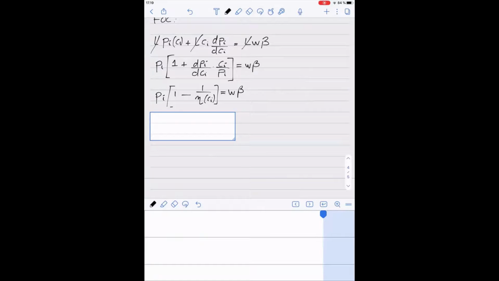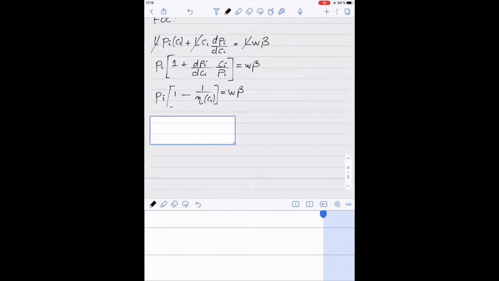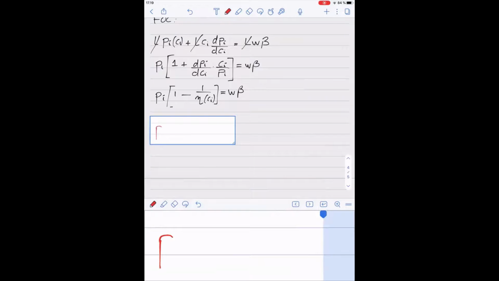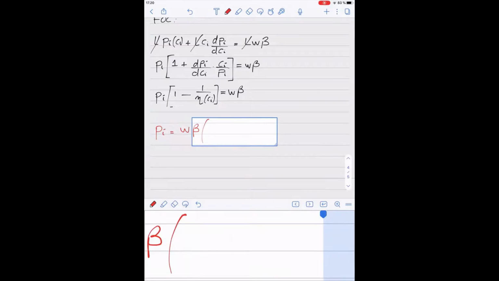The pricing rule is going to be, let me write it in red, pi equals W beta times eta Ci over eta Ci minus 1.